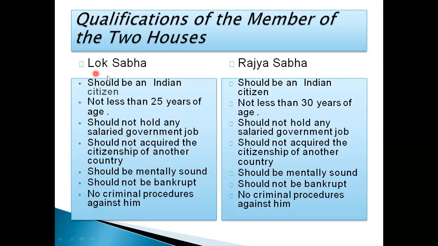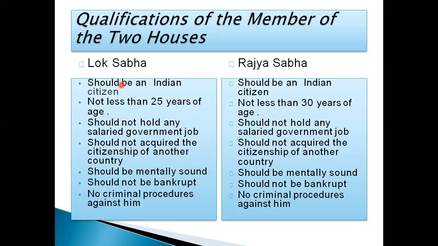A member of Lok Sabha should be a citizen of India, should be at least 25 years of age, should not be a pauper, should not be mentally unsound, should not do any illegal activity, and should not hold any office of profit under the central or state government.